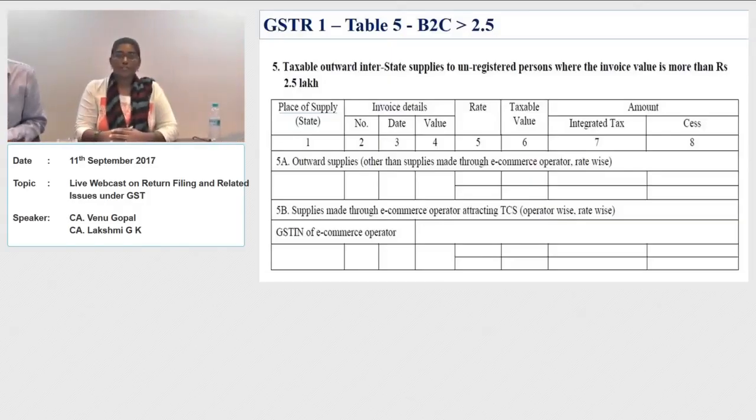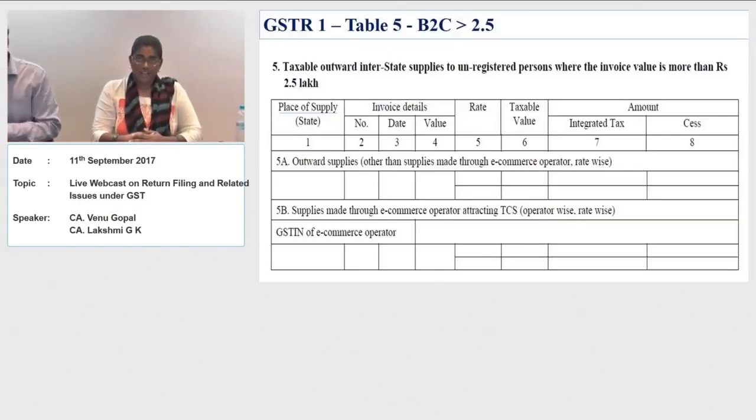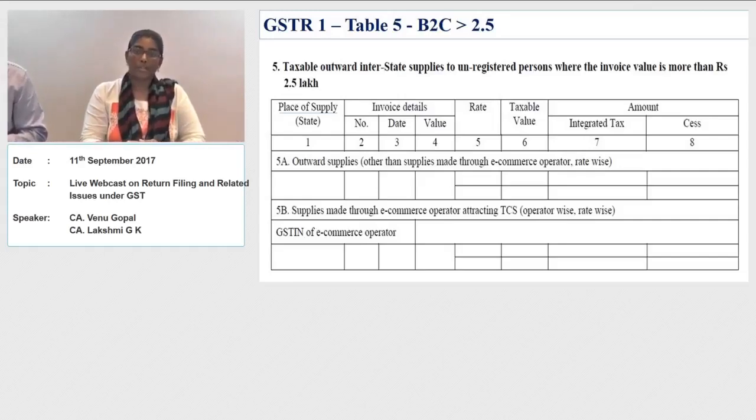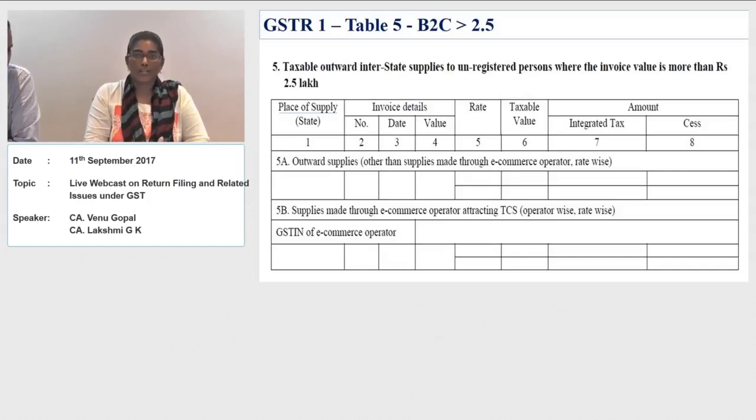Next, coming back to table 5 of the GSTR 1. Table 5 is for those transactions where it is a B2C, business to consumer, but invoice value exceeds 2,50,000. In this situation also I need to show invoice level plus rate wise information in my table 5. Again there is a classification like 5A and 5B. 5A includes all transactions done to an interstate customer not registered under GST and where the value is more than 2,50,000.